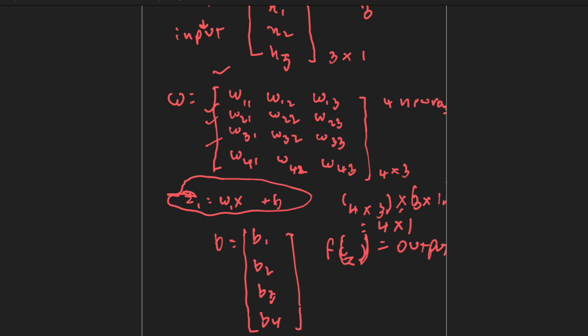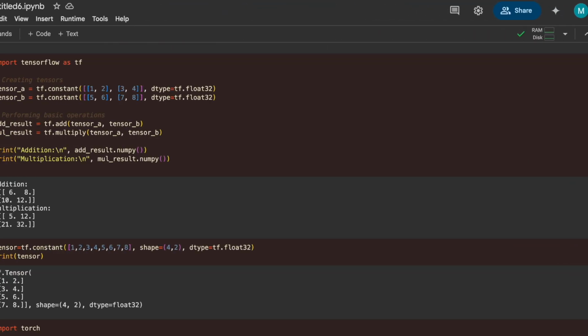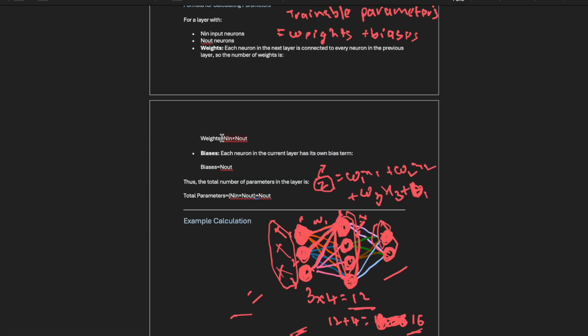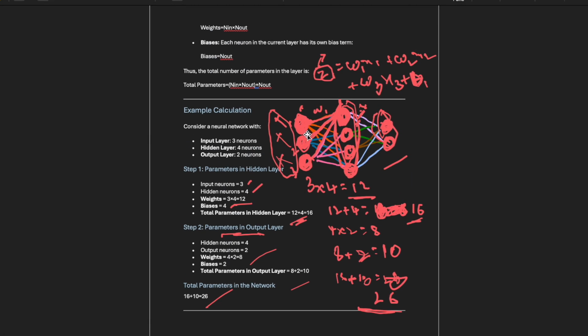So this is our system, and there will be a matrix multiplication in it and bias addition. So this is the same part we are doing, where there are three inputs and four neurons in the hidden layer, and how matrix multiplication is happening.